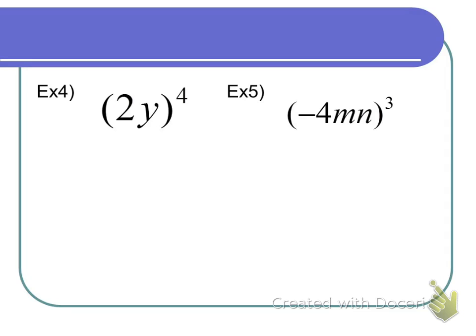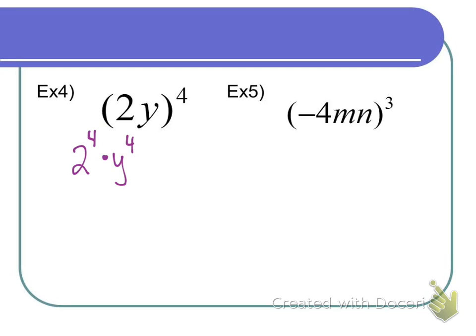How many things are getting multiplied together? 2. Okay, we've got 2 times a y. So we've got 2 pieces or 2 factors in those parentheses. Each factor gets the exponent. 2 to the 4th times y to the 4th.